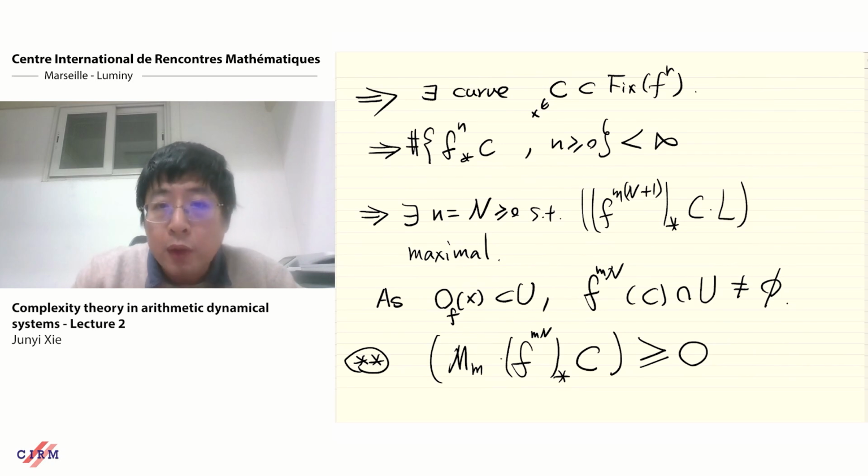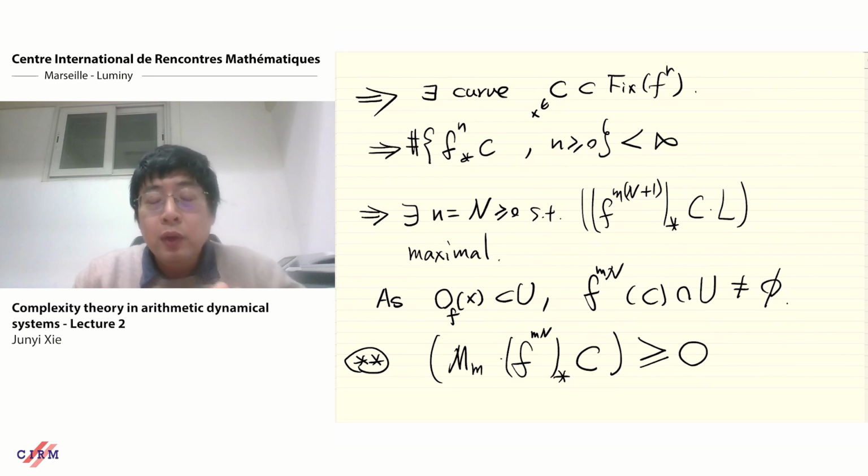Because it is not isolated, you can pick a curve C in this fixed set of f^r which contains x. So you see that every point in C is an r-periodic point.